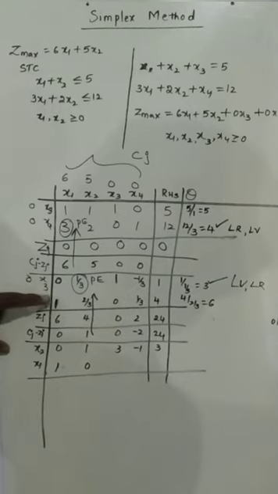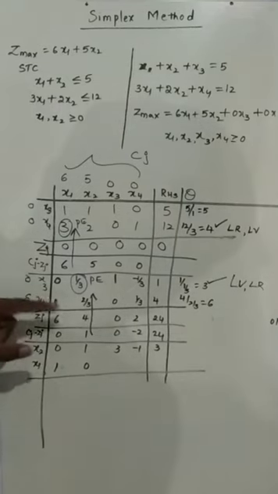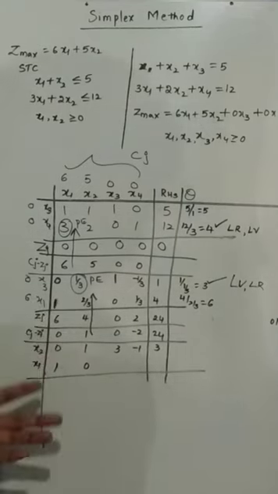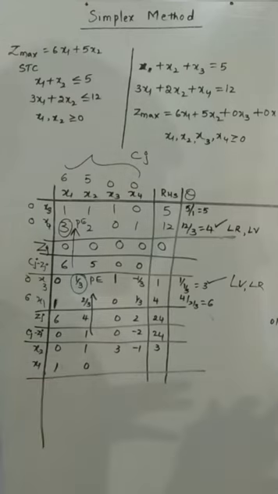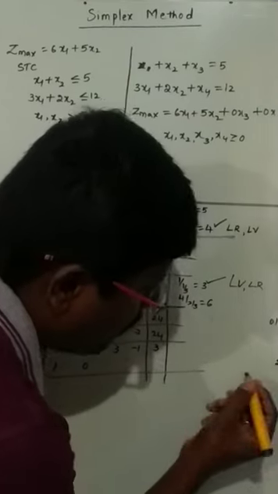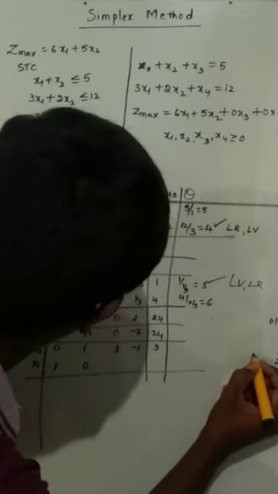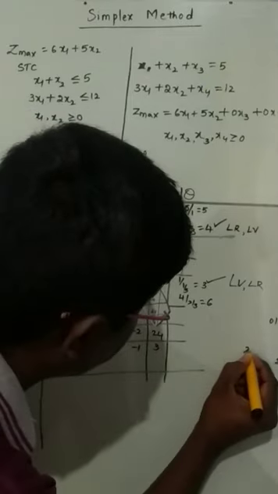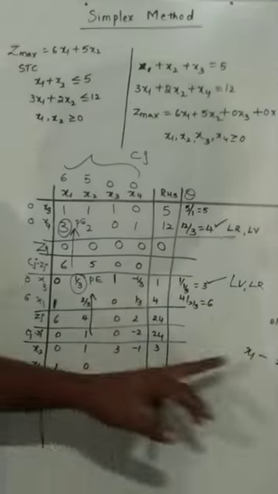If I subtract this, 1 minus 0, 1, no problem. 2 by 3 minus 1, so you are not getting 0. What I'll do for this is multiply 2 by 3 for x2 and subtract, so this will be x1 minus 2 by 3 into x2.